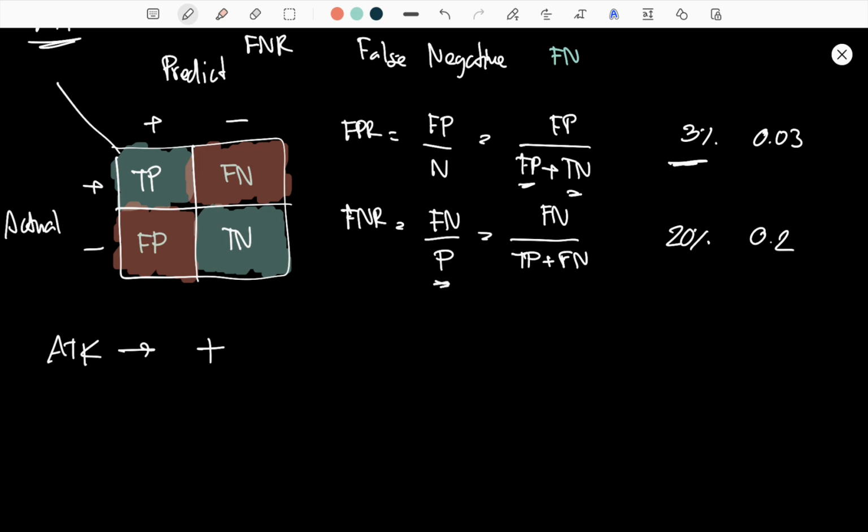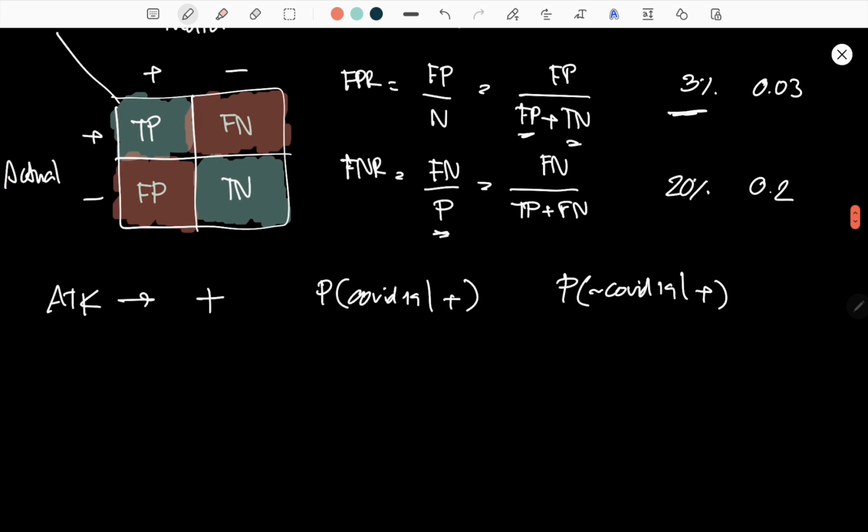If it is positive, you have to compare the probability of COVID-19 given a positive result with the probability of not COVID-19 given a positive result.